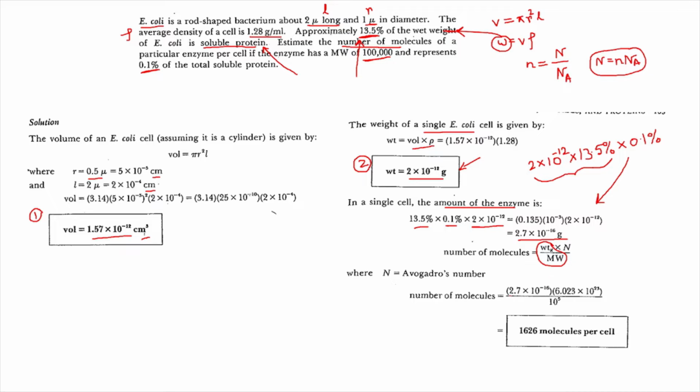So here weight is 2.7 × 10 to the power minus 16 into 6.023 × 10 to the power 23 divided by 10 to the power 5. All right, 10 to the power 5, this is already given to you. This is the molecular weight. So the number of molecules comes out to be 1626 molecules per cell. All right, so this is the number of molecules per cell present in E. coli.